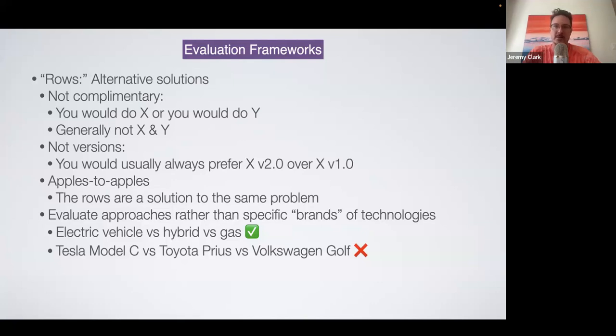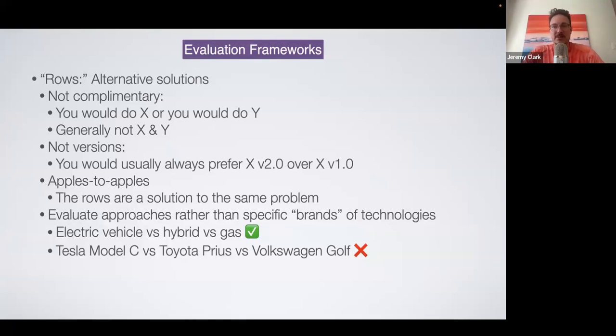For example, with cars, if your car has an electric engine, or a gasoline engine, or a hybrid of battery and engine, then those are categorically different, so that's a good comparison. Well, a hybrid is technically not an alternative. So if you can do X and Y, you can have the hybrid and just make it its own row.